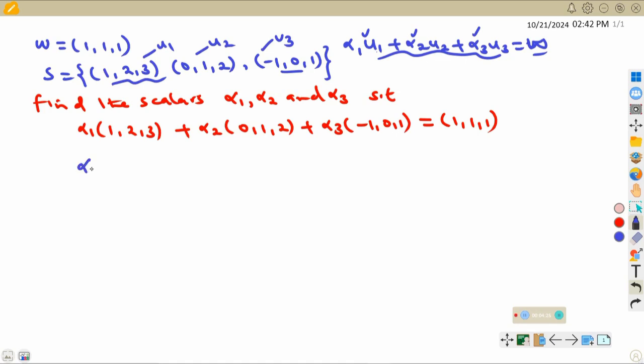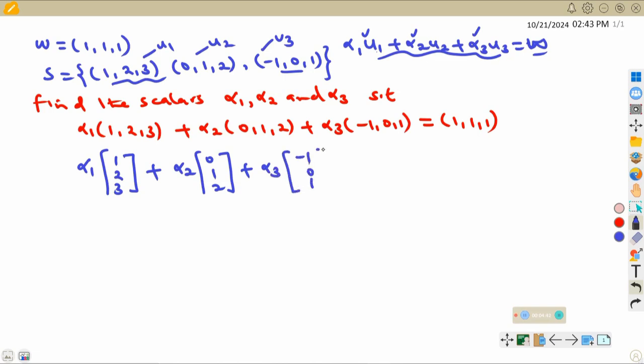This can be written as alpha 1 into 1, 2, 3 plus alpha 2 into 0, 1, 2 plus alpha 3 into negative 1, 0, 1, which is equal to 1, 1, 1. We can as well write this by adding the corresponding components: alpha 1, plus 0 alpha 2, plus negative alpha 3.